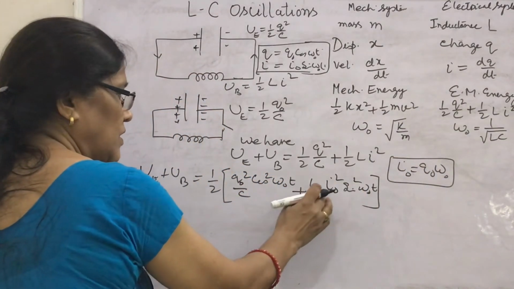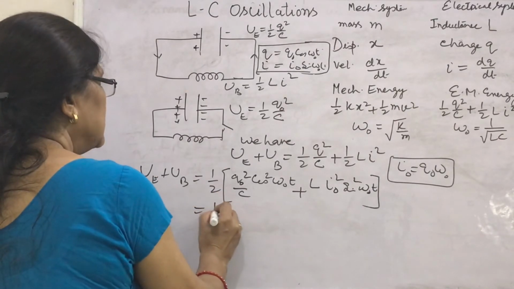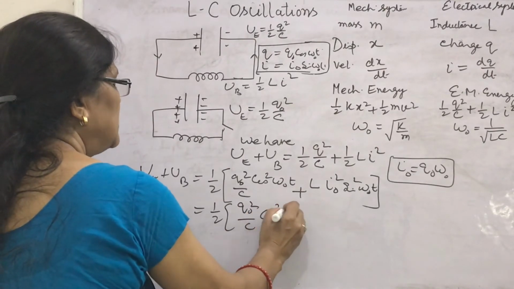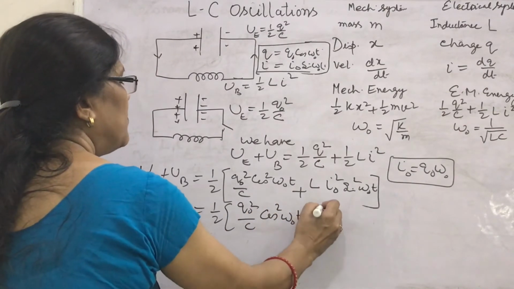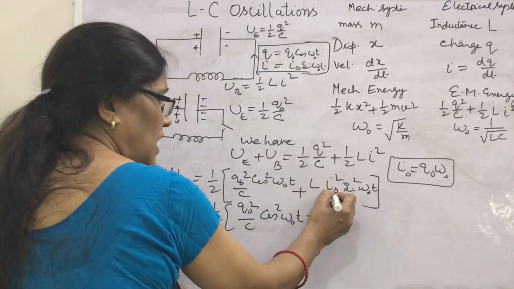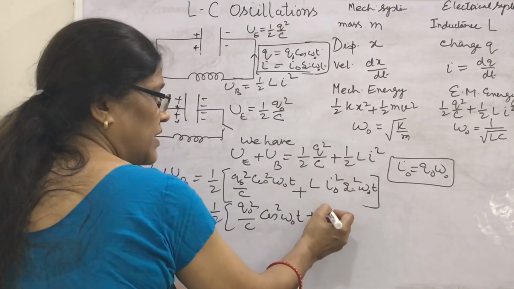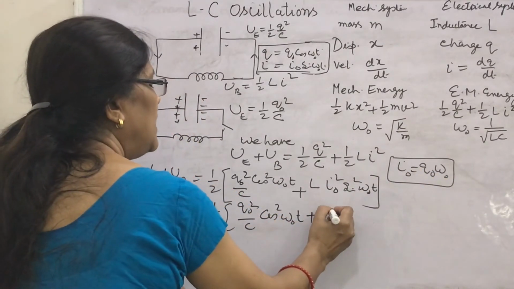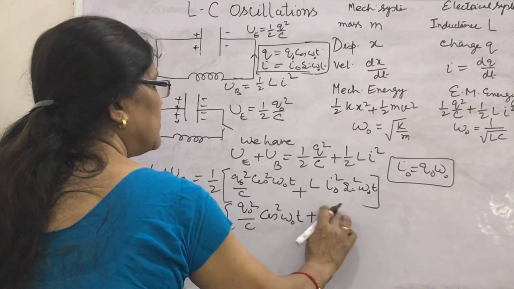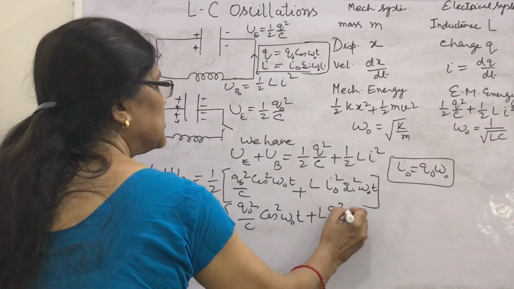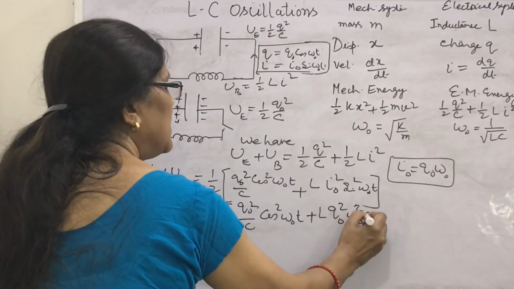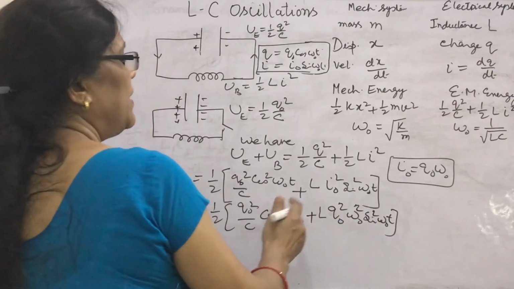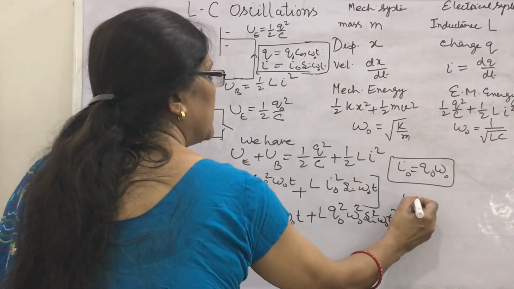Then what can we write here? This is half, as usual, of q naught square upon C cos square omega naught t plus L I naught square sin square omega naught t. Then I naught square can be written as q naught square omega naught square. So L I naught square becomes L q naught square omega naught square sin square omega naught t. What will omega naught square be?